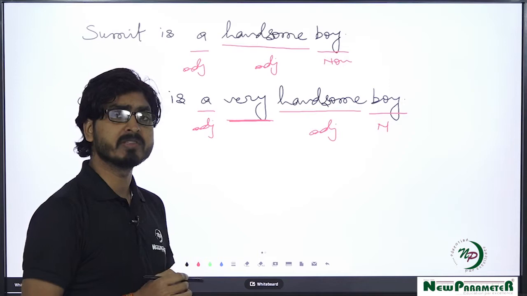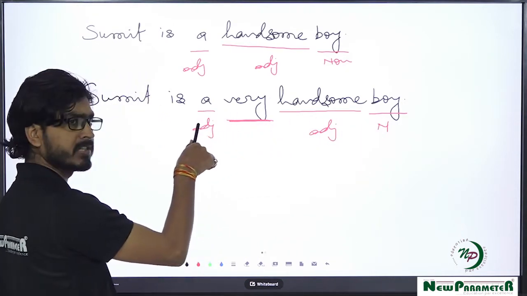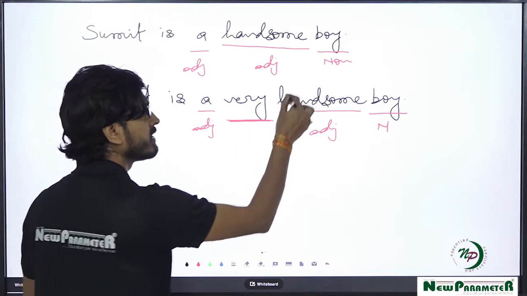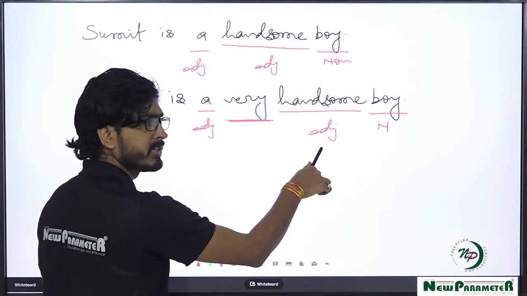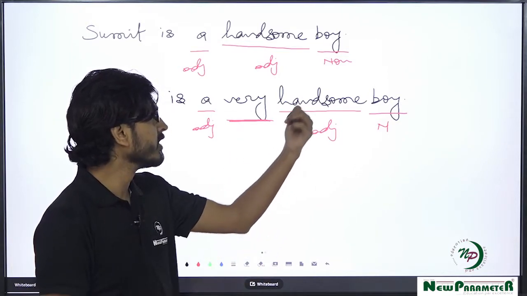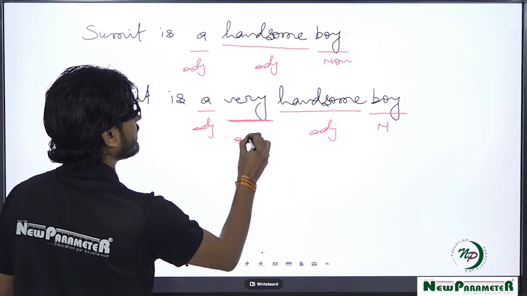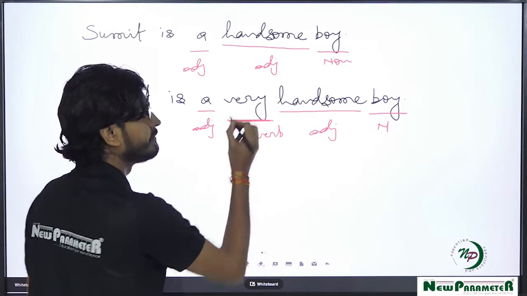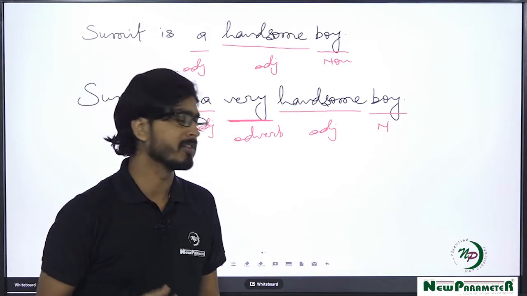So very is used here not for this noun, but for this word handsome, which is an adjective. So in this way we can say this word has been used to modify this adjective. So it becomes what? It is an adverb. It is very easy, and I know you are getting me.